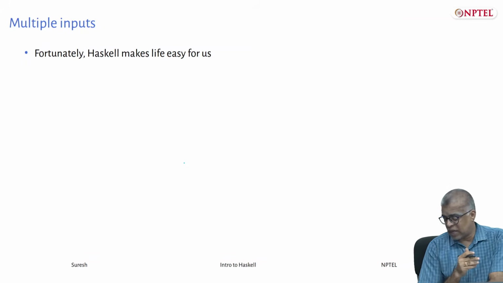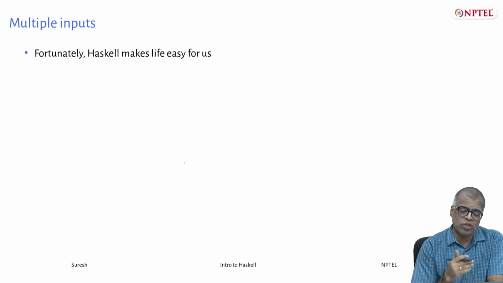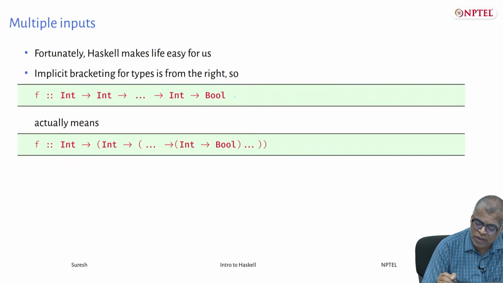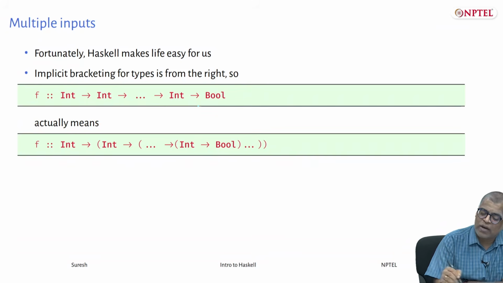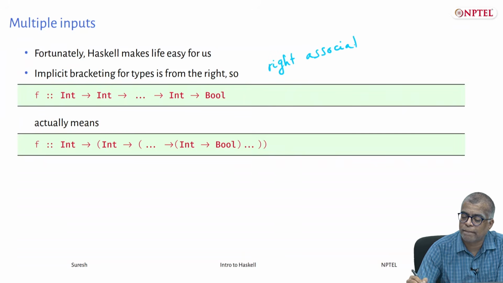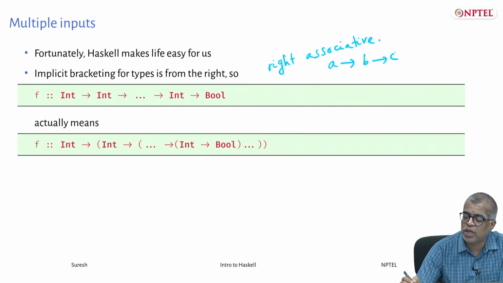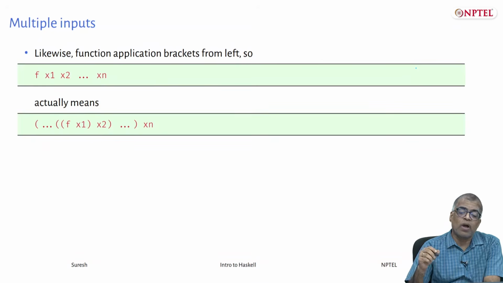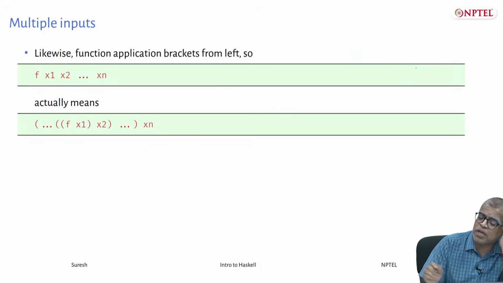So Haskell makes life easy for us by supplying the parentheses automatically, right? So int arrow int arrow bool without any parentheses will automatically parenthesize the types from the right side, right? So this is what is called right associative. And all you need to remember is that A arrow B arrow C is the same as A arrow (B arrow C). Okay, fine. Correspondingly, function application brackets to the left.